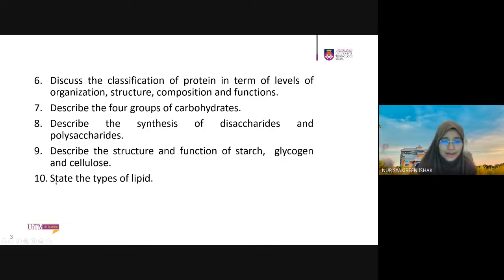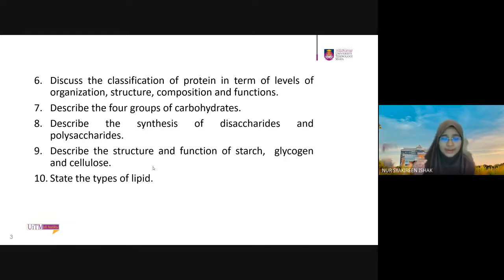And then number 10, state the types of lipids. So lipid is the macromolecule that is not composed of monomers. It does not have monomers. So this one you have to remember. Kadang-kadang keluar dalam soalan exam kan, dia tanya dalam soalan objektif.